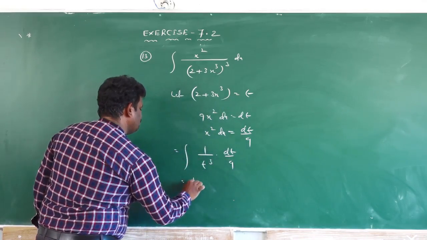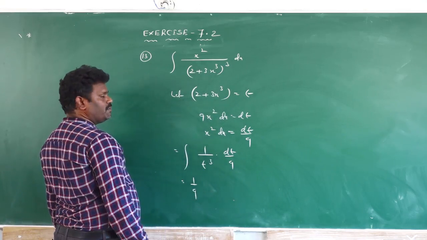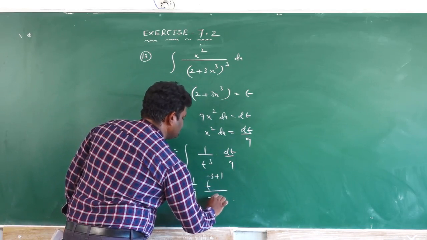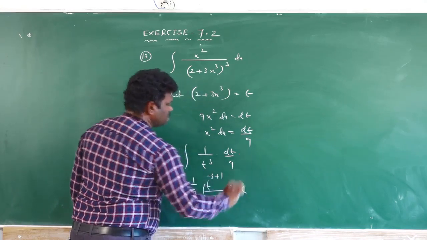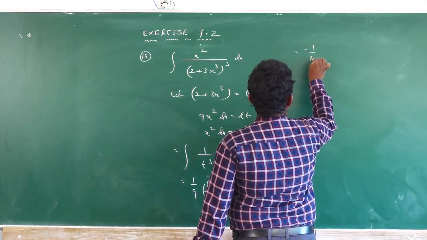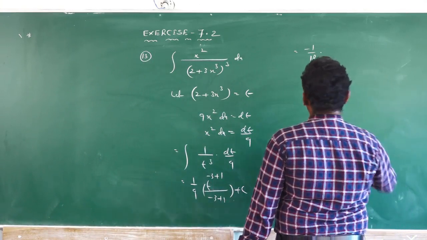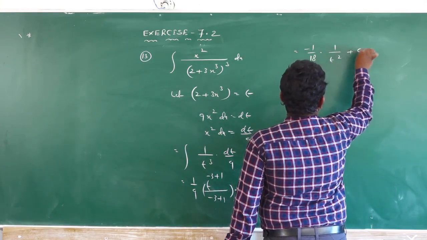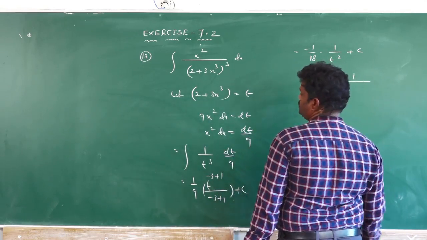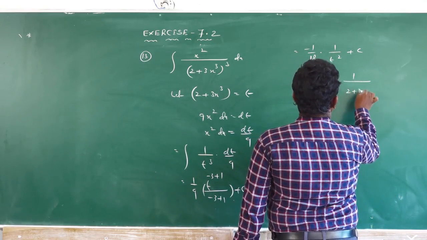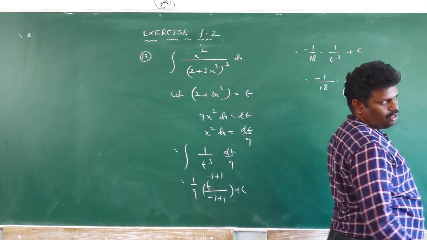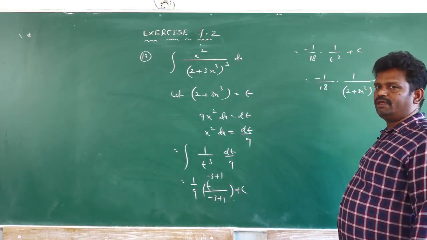That is equal to 1 by 9 integral t power minus 3, which gives t power minus 3 plus 1 divided by minus 3 plus 1, plus c. That is equal to minus 1 by 18 into 1 by t square, which is 2 plus 3x cube whole square, plus c. Okay? So that is the integration value of the given function.